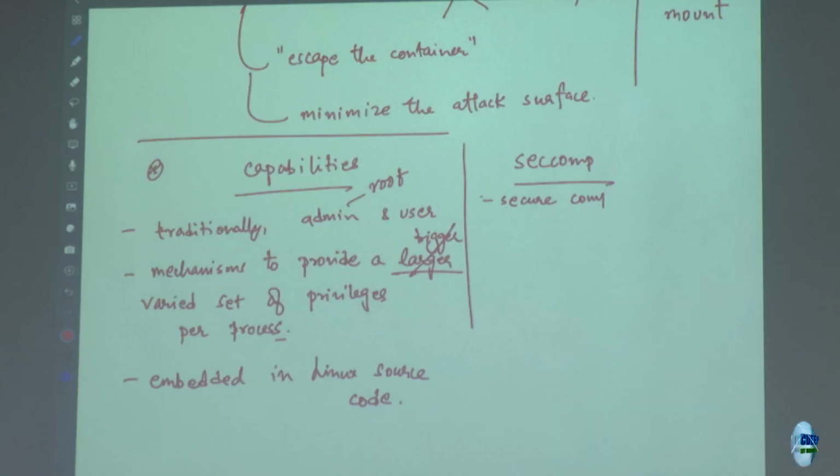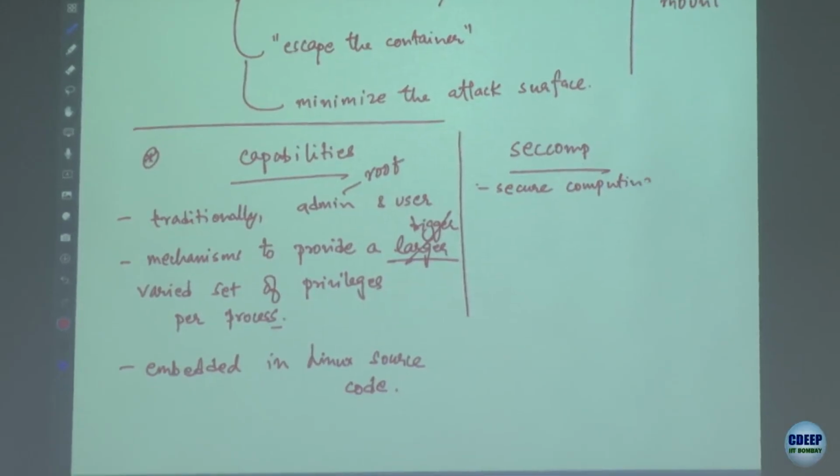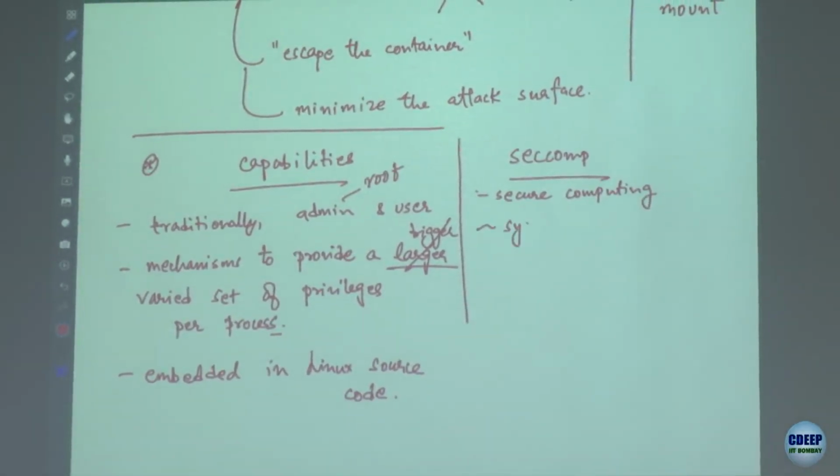Seccomp is a similar idea, which is basically called secure computing. But this is essentially a system call filter, right, which has a few modes, which is strict or what's called a filter mode. So these are the modes that it runs in.